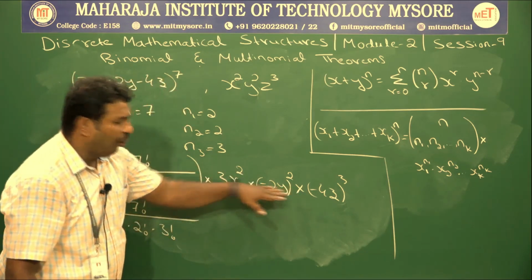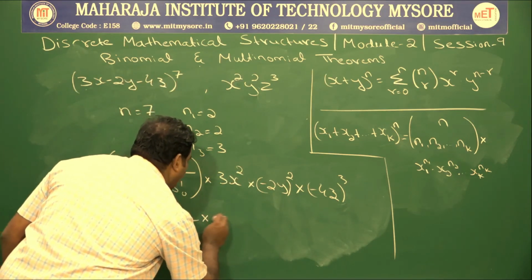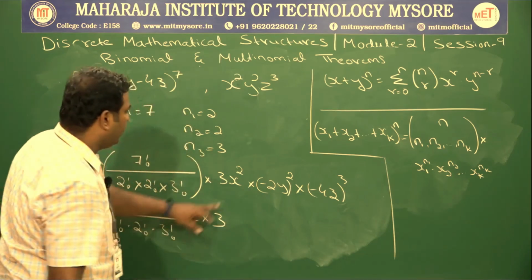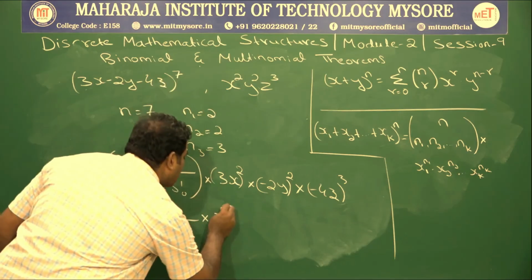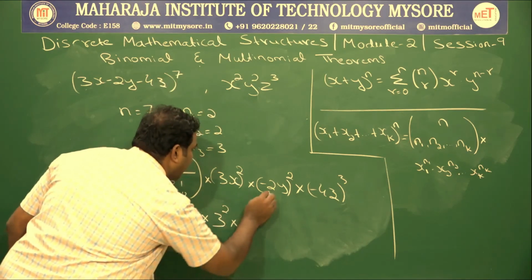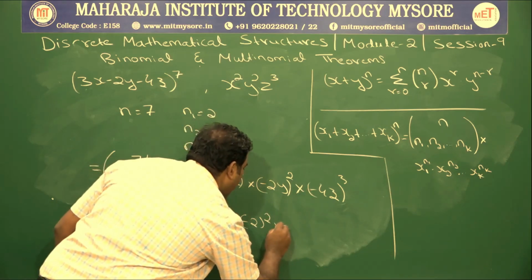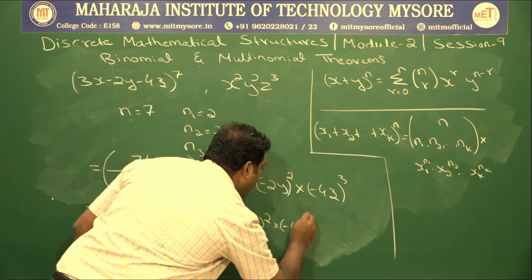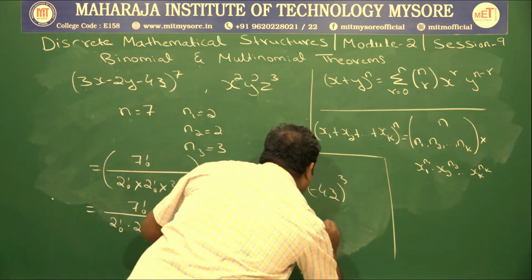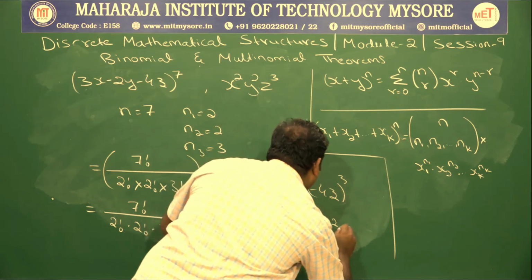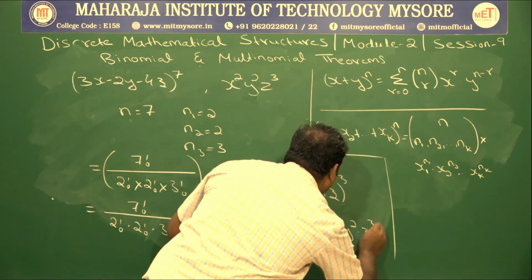Take all the coefficients at one end and the factors at the other end, multiplied with 3 squared multiplied with minus 2 whole squared multiplied with minus 4 whole cubed, and the remaining part as the factor is x squared into y squared into z cubed.